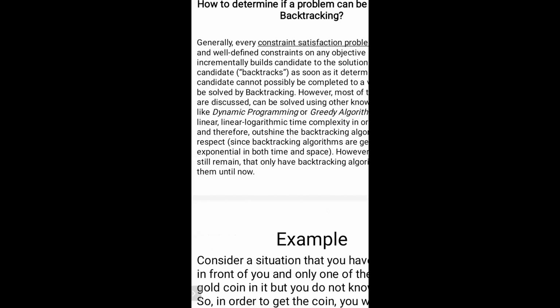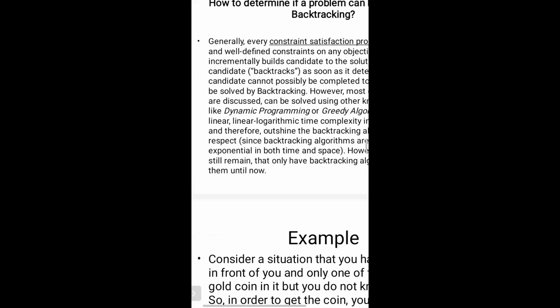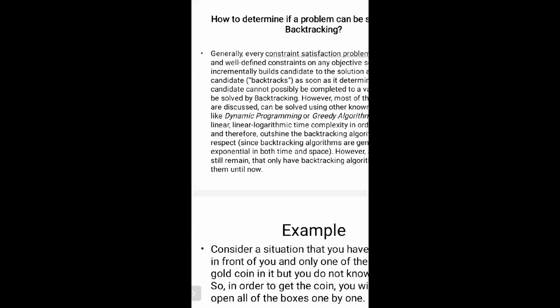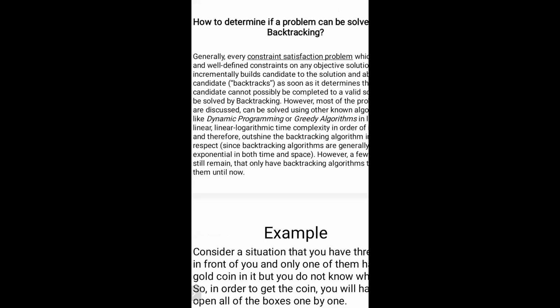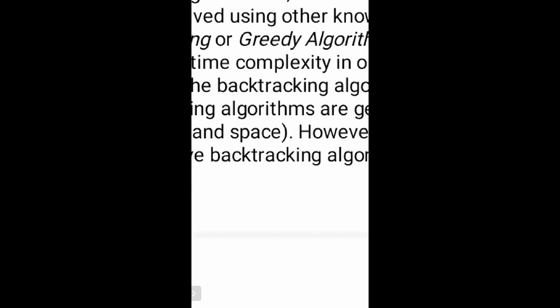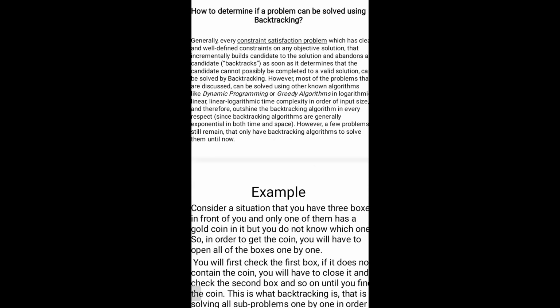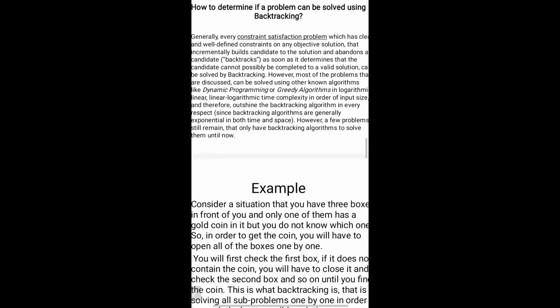Generally, every constraint satisfaction problem which has clear and well-defined constraints on any objective solution, that incrementally builds candidates to the solution and abandons a candidate, backtracks, as soon as it determines that the candidate cannot possibly be completed to a valid solution, can be solved by backtracking.